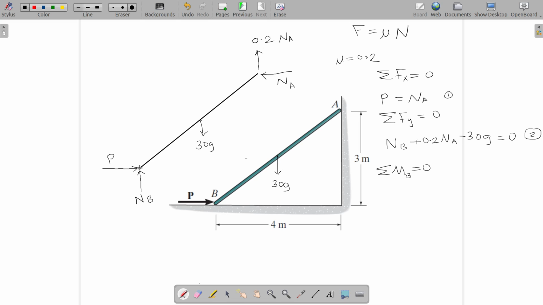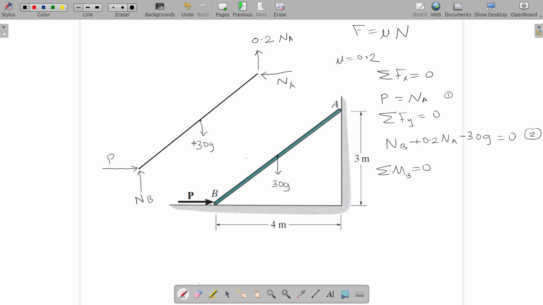Perpendicular distance between line of action of P and this point is 0. So when you multiply those forces with those perpendicular distances which are 0, the entire term will be gone. So many unknowns will disappear from the equation, and we will have only unknown Na in the equation.